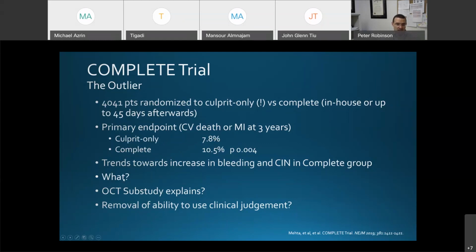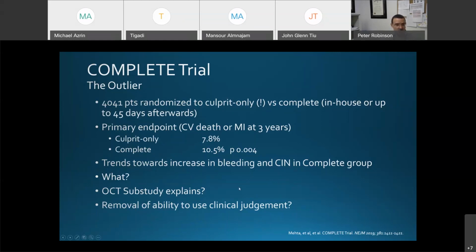So what does this mean in general? How do you reconcile this with every other piece of data, either during STEMI or for non-STEMIs or stable angina, which has never ever been shown to reduce MIs or reduce mortality?